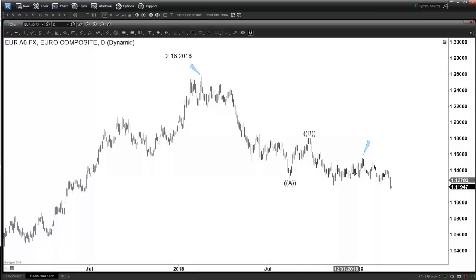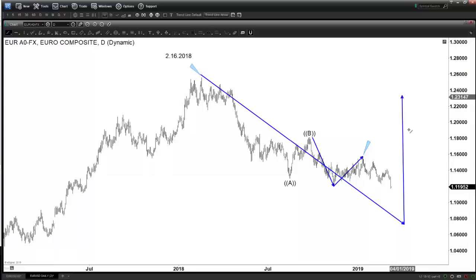Since then the euro continues to make a new low below the previous low, and if this is correct and we are within the wave C, then all we got so far is only 1 and 2 within the C. So we need at least a 3, 4, 5 before possibly ending this entire zigzag, and then find lasting buyers or lasting rallies.